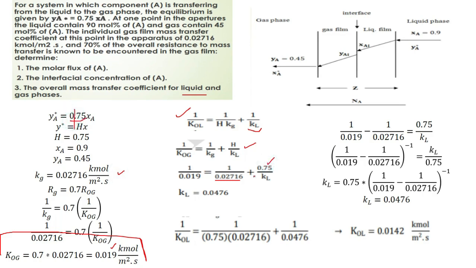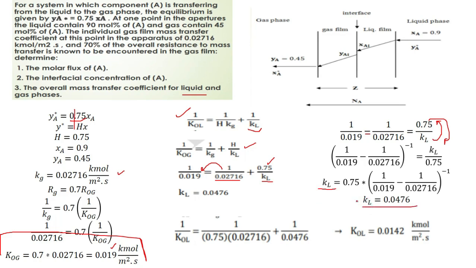KL you have to find. So 1 over 0.019 is equal to 0.75 over KL. So just take the reciprocal. When you take the reciprocal, this KL will be written above, while 0.75 will be written below. So KL divided by 0.75. Just do the calculation, you will get KL.